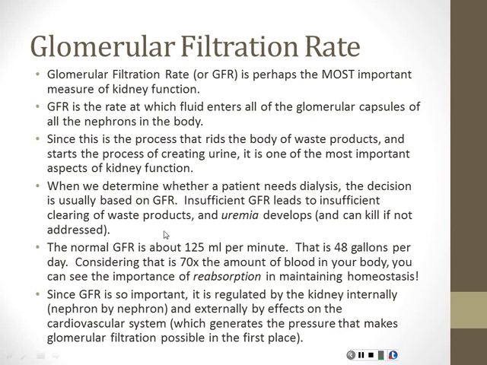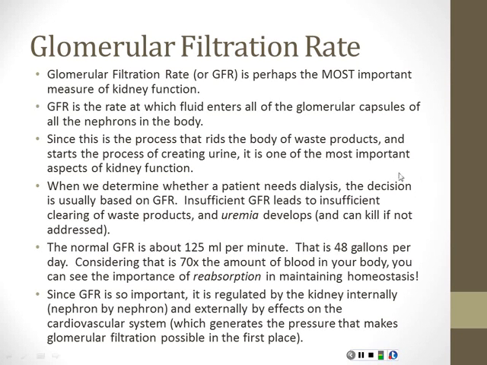So let's look at some numbers. The normal glomerular filtration rate is about 125 mLs per minute, and 30 mLs is an ounce. So 125 is about 4 ounces. That's a significant amount of fluid, and that's per minute.